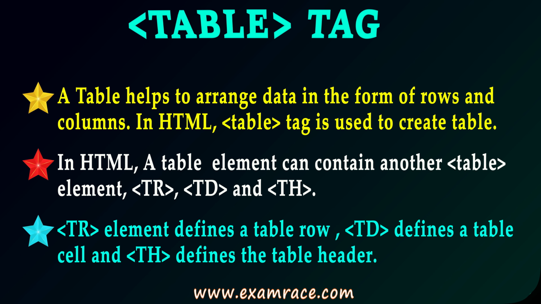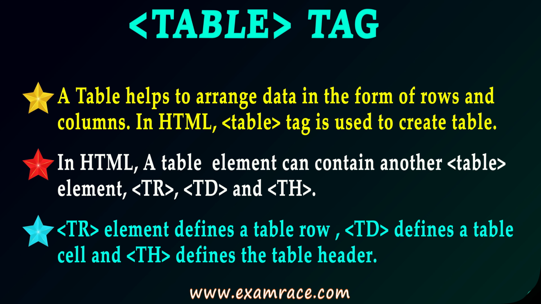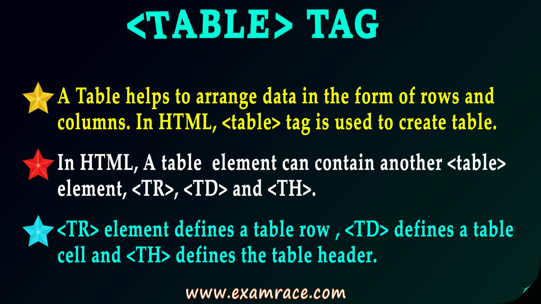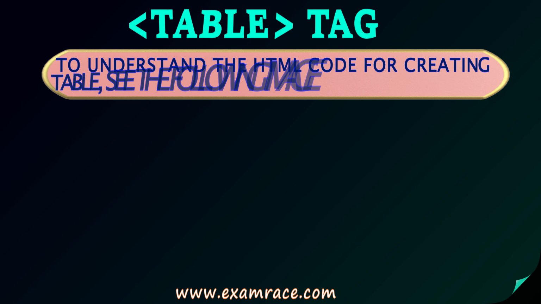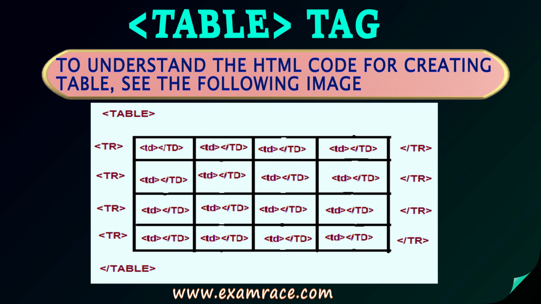Table data is used for the column purpose. Then table row, as its name represents, is used for creating the rows in the table. So this is all about the explanation of the table tag. This is the example I have taken over here.